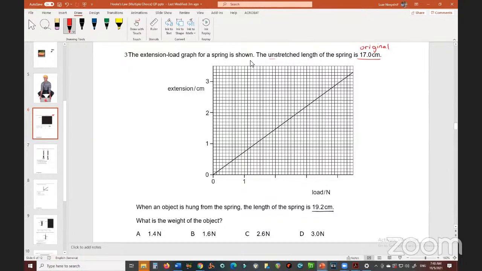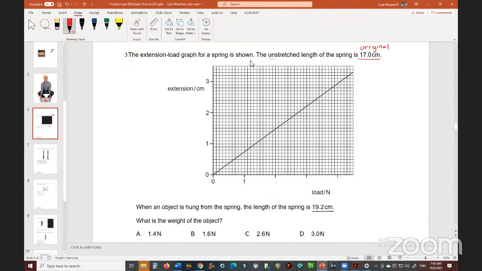The object changes in size when a force is added to it. So it starts out at 17, and the spring is actually 19.2 here. The question is, what is the extension? 2.2. Now the extension is 2.2.